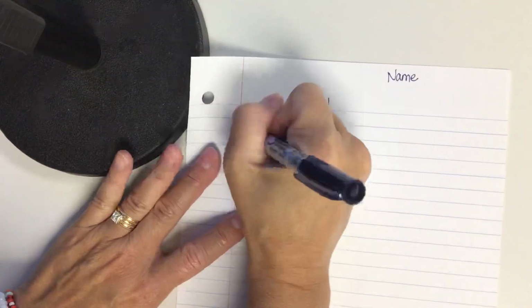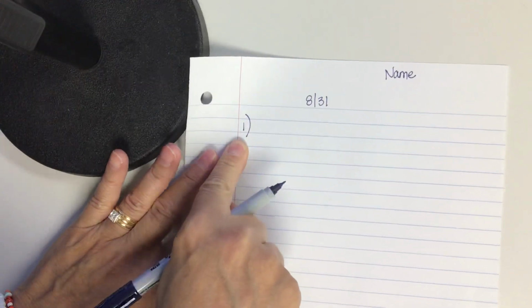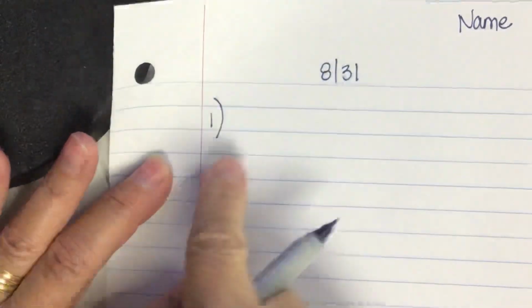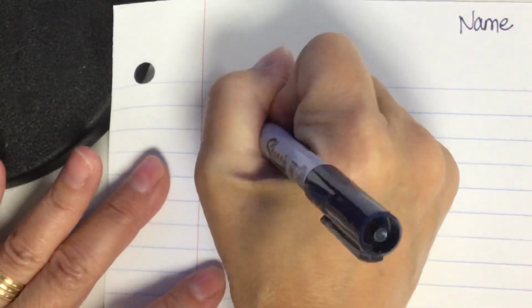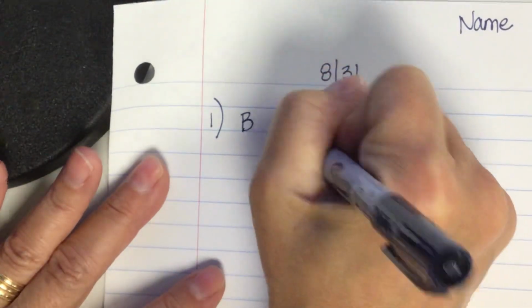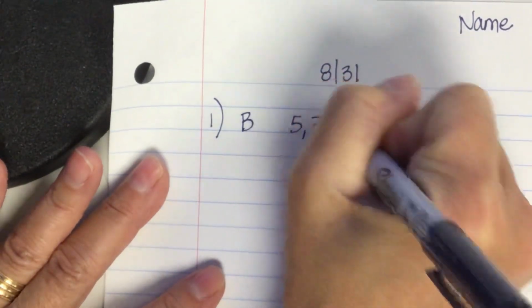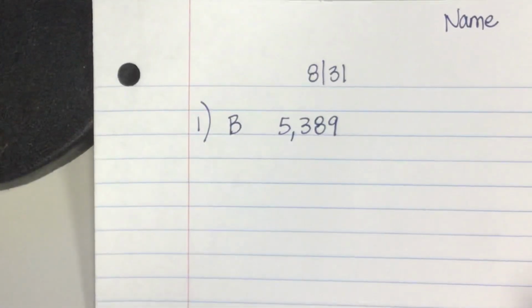Then I want you to put the number of the problem over here by the line they give you, that margin line. And then you could put your answer. If the answer B is 5,389, then I want you to write that and practice writing on and in between the lines.